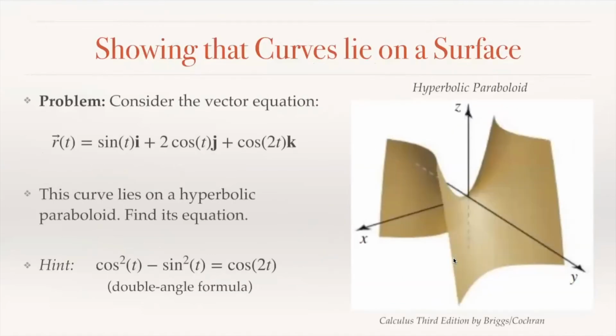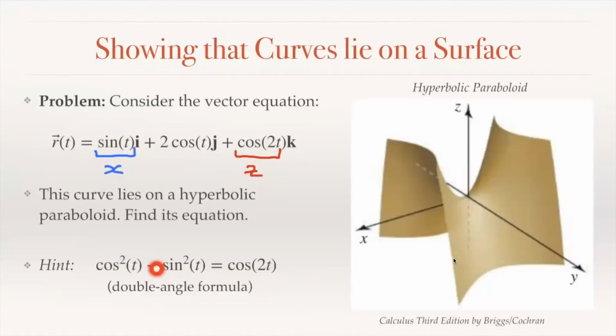Okay, so you try your hand. Let's find the surface on which this lies. Here we have a cosine of 2t, so we need the double angle formula for that. Recall that cosine of 2t is cosine squared minus sine squared. So therefore, we can relate cosine 2t to that sine and that cosine by maybe taking our x here and squaring it.